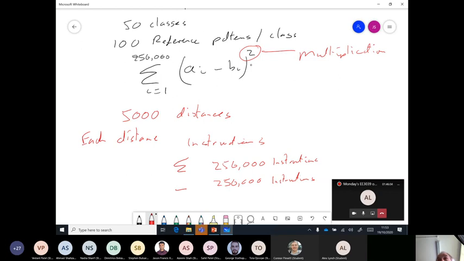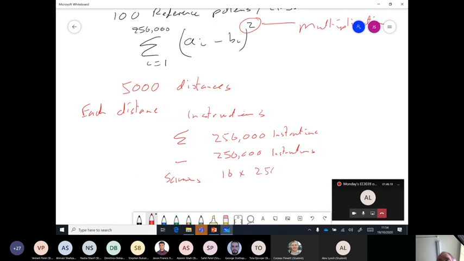It's going to be 16 instructions done 256,000 times, so the squaring is going to be something like 16 times 256,000 instructions.